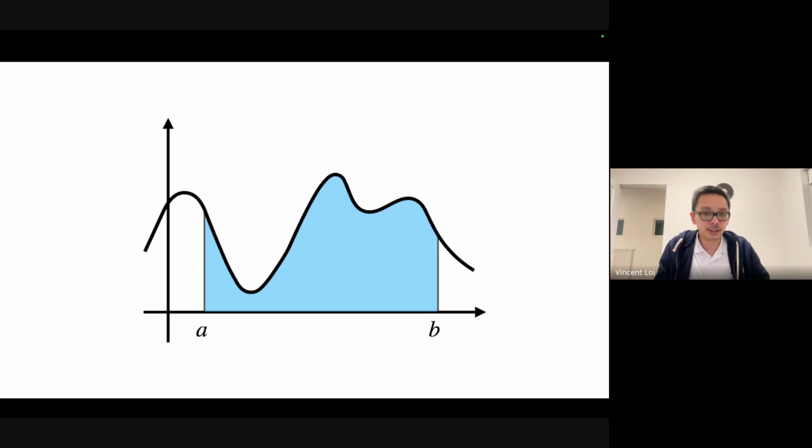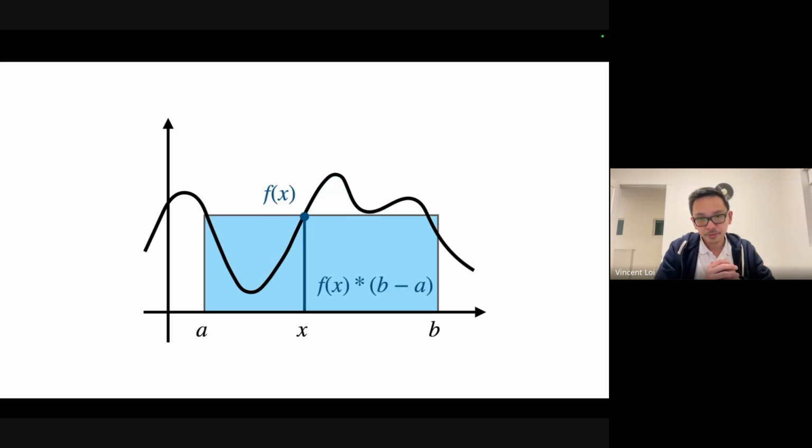We can just do the regular integration. But what if we don't know the equation? Same thing as the rendering equation, where we don't know the surface function. So what we can do here is select a point, like the X here.